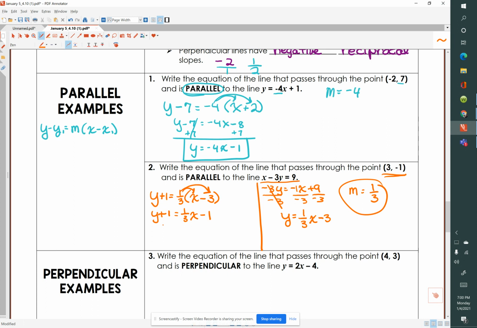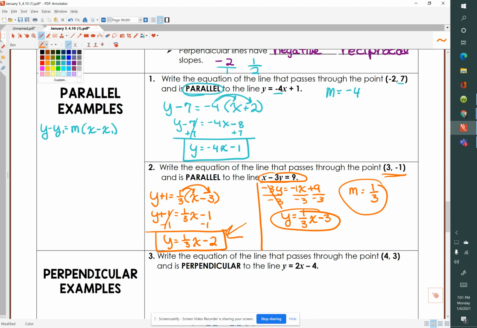Then we just subtract 1 from each side, and we end up with y equals 1/3 x minus 2. -1 minus 1 is -2. And if you were to graph these on Desmos, that's a great way to check your answer. First, you graph the first line. I would graph it in slope-intercept form, and then graph the new line, and you'll see that they're parallel.